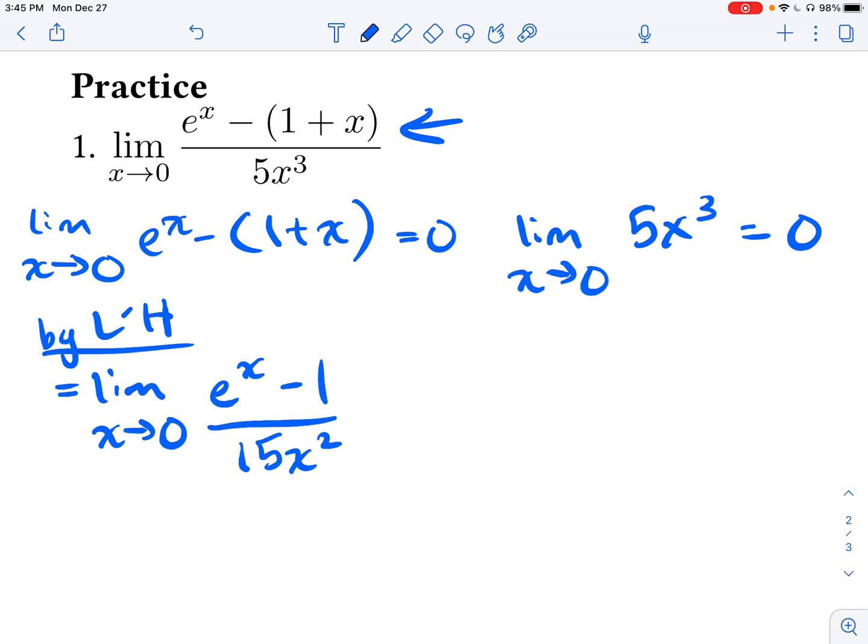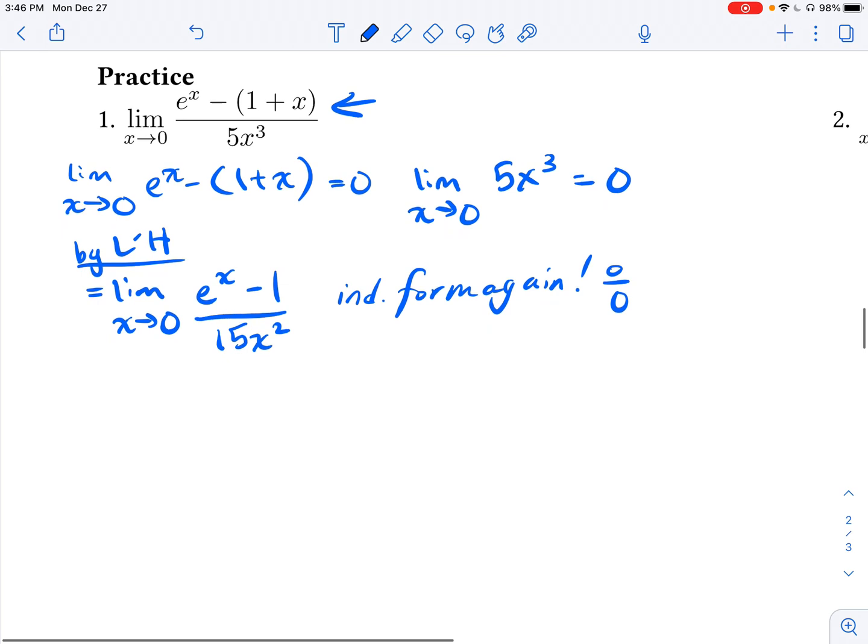Now, quickly kind of mentally do direct substitution. What's happening here? We've got indeterminate form again, right? We have 0 over 0 form again. So what we need to do now is apply L'Hopital's rule again and establish those individual limits.